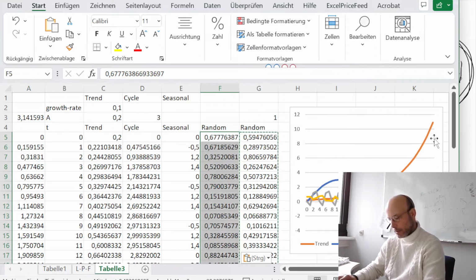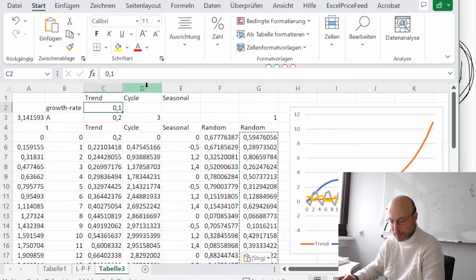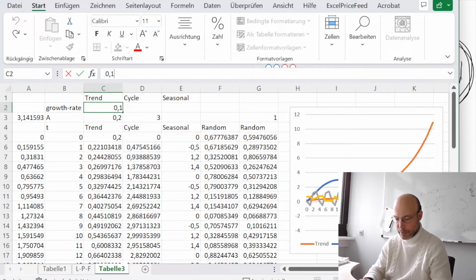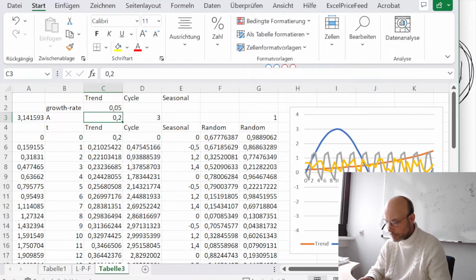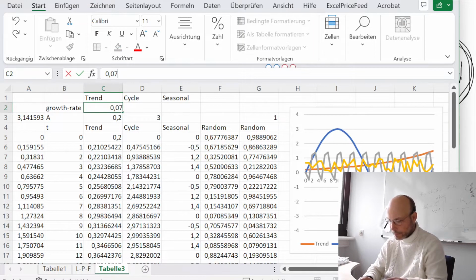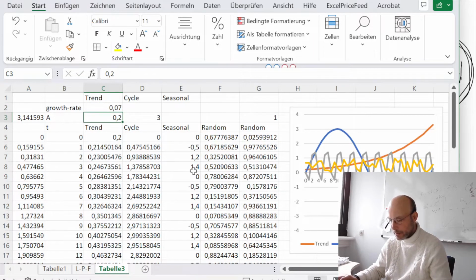I think the trend is still moving up very fast, so we just reduce the growth rate. Let's go to 0.02. Now this is too much. It's 0.05. A bit more, 0.07. Maybe something like this. So this would be all our components.